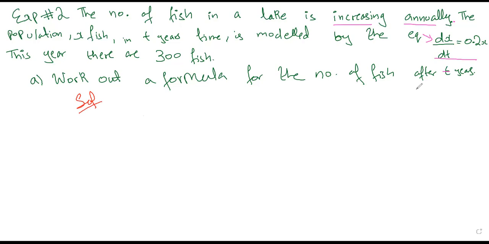Now, what do we understand? That on this hand side, we will have the number of fish, and on this hand side, we will have an expression with T. So every time we put a value of T, we get the number of fish in that year, right? Yes. Okay.